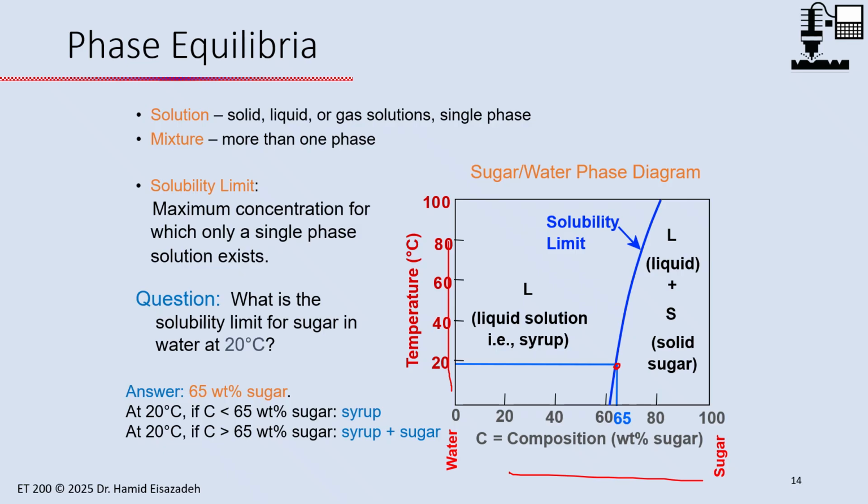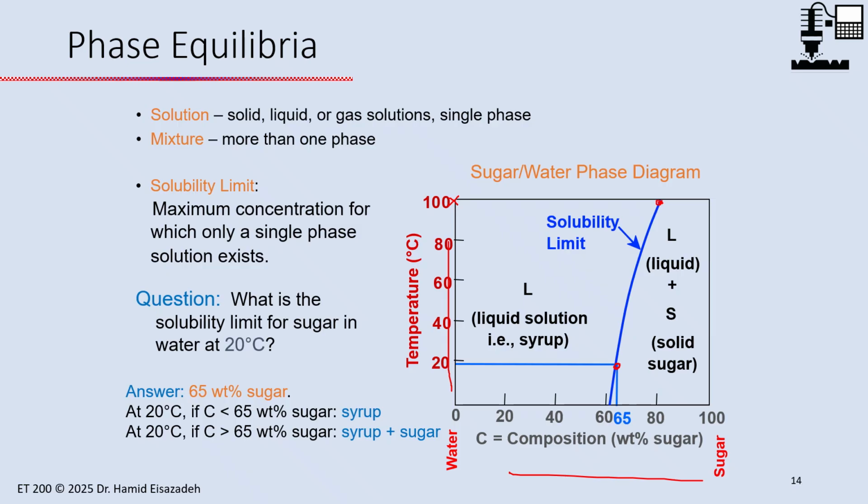It means the solubility limit goes higher, so you can add more sugar into that water. But up to 100 degrees Celsius, which is the vapor temperature, we have this much solubility.